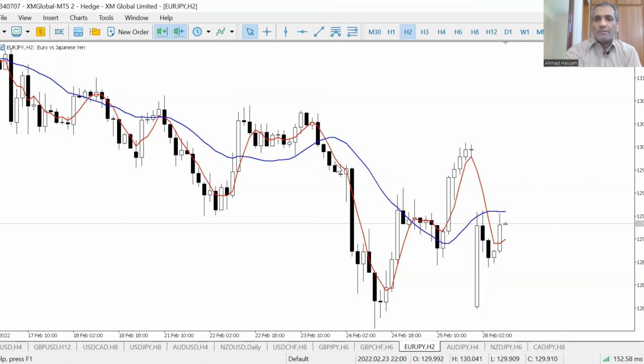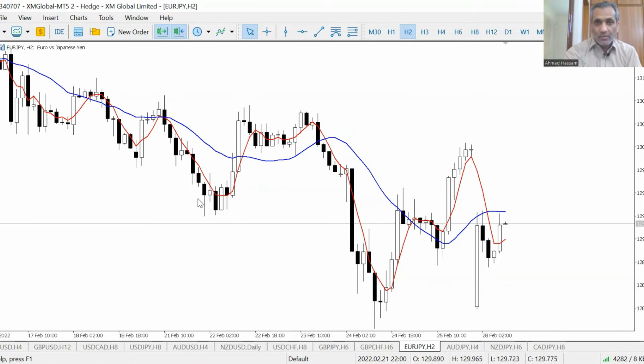And when this fast SMA is below the slow SMA, I say the trend is down. If I want to go short, I'll wait for this fast SMA to go down, and the price should be below this fast SMA. This is how I open my short trade.